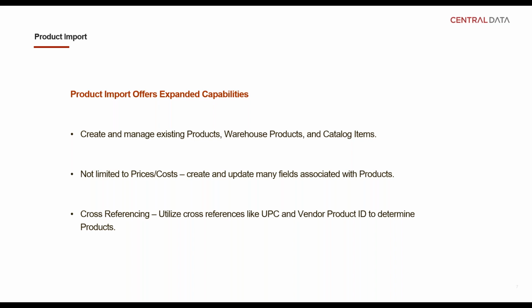So it is a more complex tool, but it also allows a lot of flexibility for you to map the data in the way that you see best. Additionally, the ability to affect, manage, create data in the catalog is one of the primary features of product import as well.